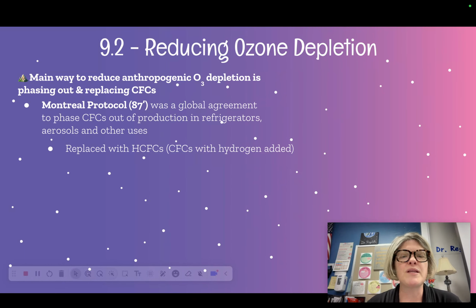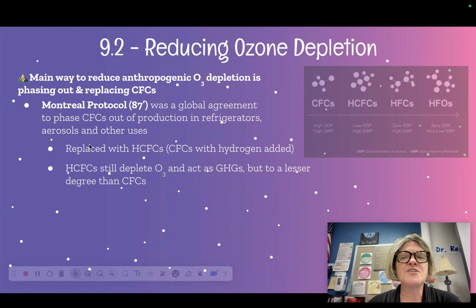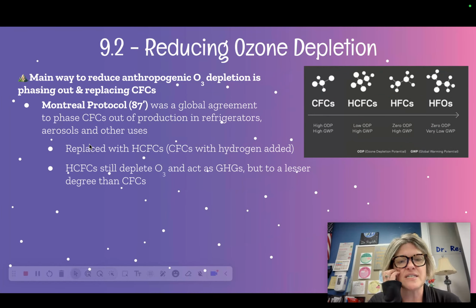They decided to replace those with hydrochlorofluorocarbons. So essentially, they added a hydrogen to the CFC. The issue with this is that it still depletes the O3, and it still acts as a greenhouse gas. This is a really nice chart to look at, because here you can see the CFCs have a high ozone depletion potential and a high global warming potential.